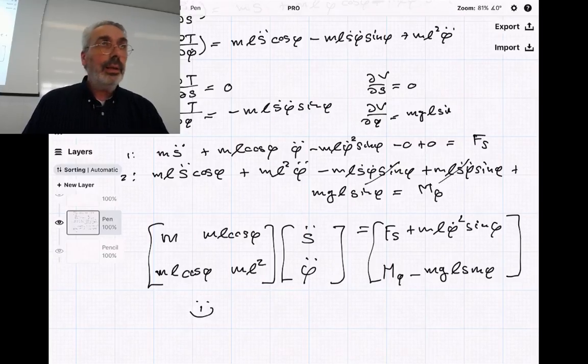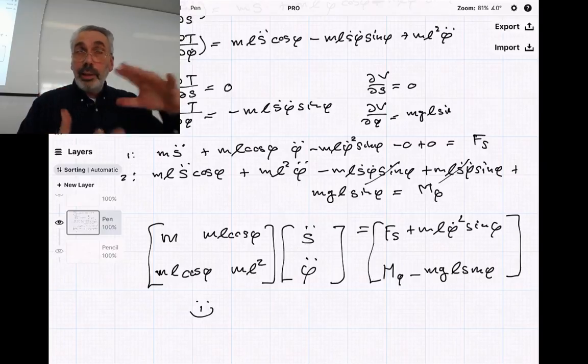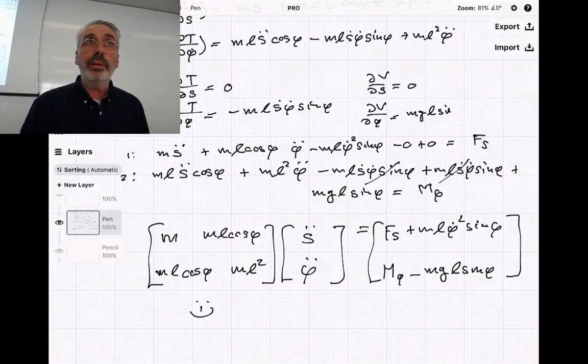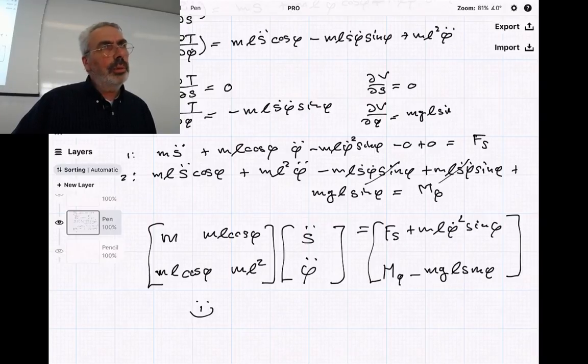Then there is a coupling. The point I made is that the transformed mass matrix on generalized coordinates is dense and is configuration dependent. So it's a function of phi. Could also be s, but in this case not. And then on the right hand side I recognize the applied forces, but also these so-called convective terms, m omega squared r and those kinds of things. Well, this is of course just gravity loading.